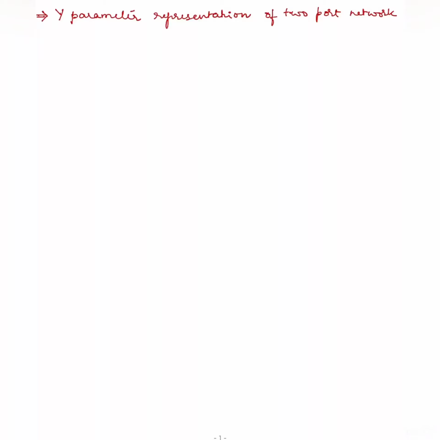Like how in the case of Z parameters, we got the Z parameters by open circuiting, that is making output current zero. Say for example, you have this two port network, two inputs and two outputs.